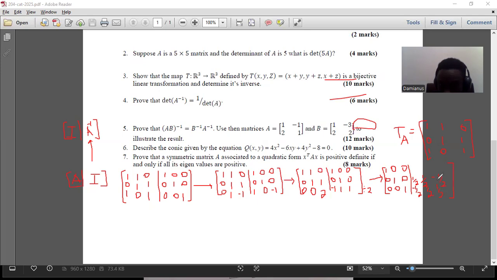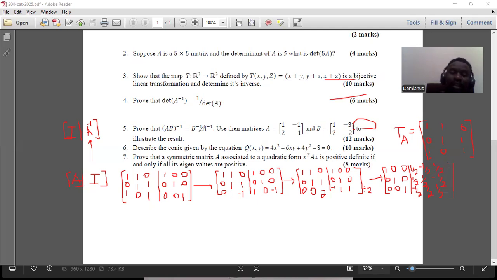We are subtracting these ones: 0, 1 minus 0, 0, 1 minus 1, 0, 0 minus 0, 0. Then you have 1 minus a half is a half. Then you have 0 minus a half is minus a half. Then you have 0 minus a half is a half.